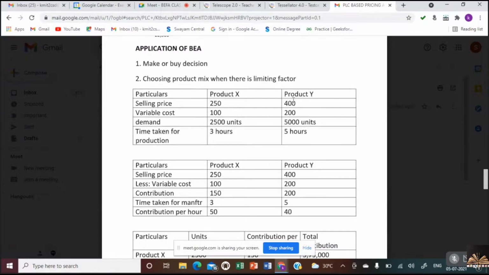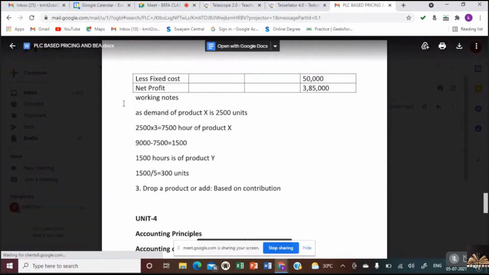So without considering the limiting factor, product Y is more profitable, as its contribution is more, that is 200. But if we consider machine hours, as it is a shortage, product X is giving maximum contribution profit as 50 rupees. So we manufacture more of X, but how many can we manufacture?